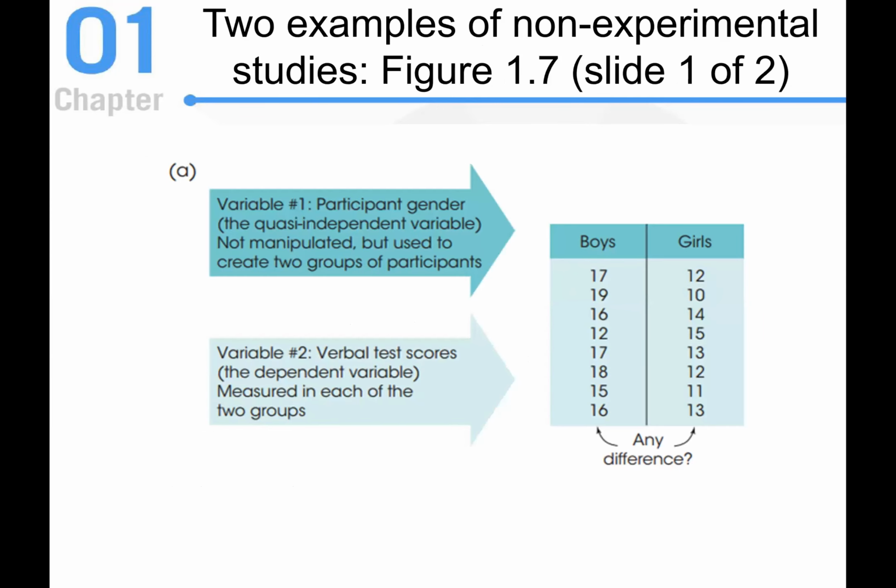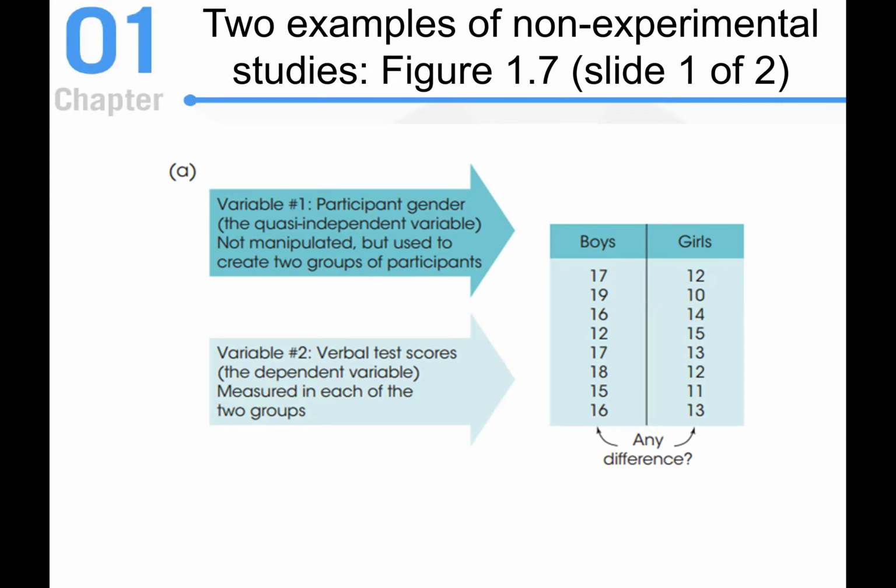Let's look at some examples. In a non-experimental study, we have a group that's separated by gender. Now, I can't control the gender of my participants. They come to the study with their gender already, or their race, or their IQ level, or their eye color or hair color, or whatever kind of individual difference.